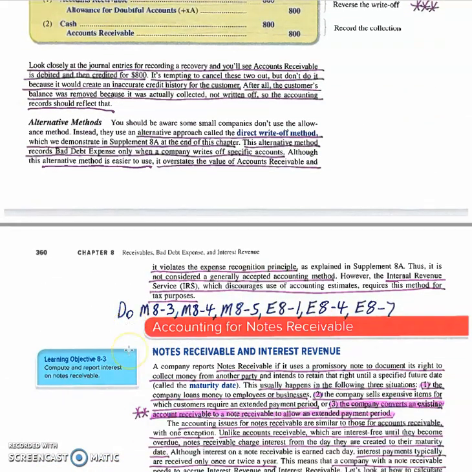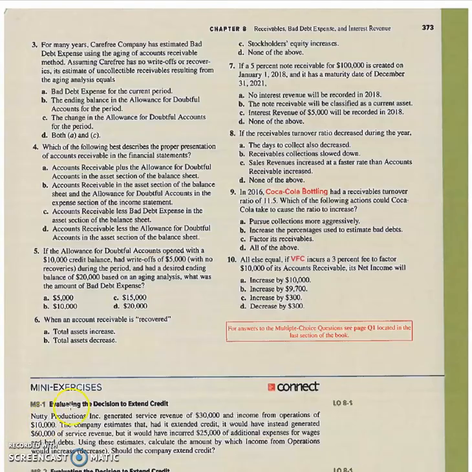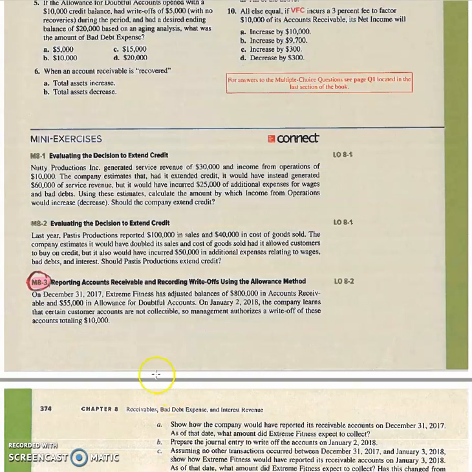Okay, let's go over some homework problems. So we will start here with mini exercise 8.3. Reporting accounts receivable and recording write-offs using the allowance method.